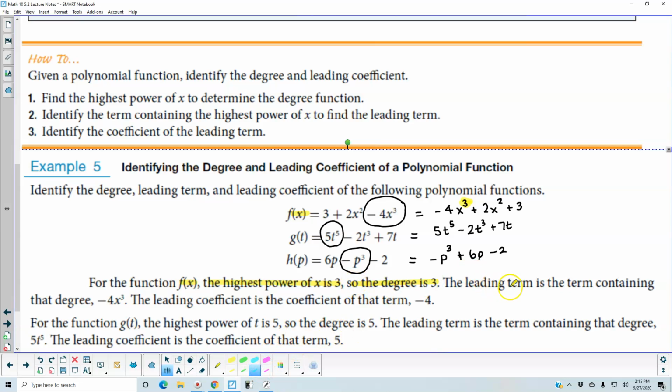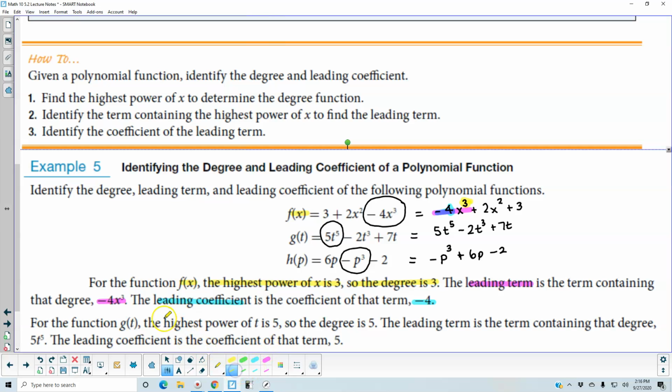We can see that the leading term is the term containing that degree, so the leading term is negative 4x cubed. And the leading coefficient of that term is the value of negative 4. So therefore the leading coefficient is negative 4.